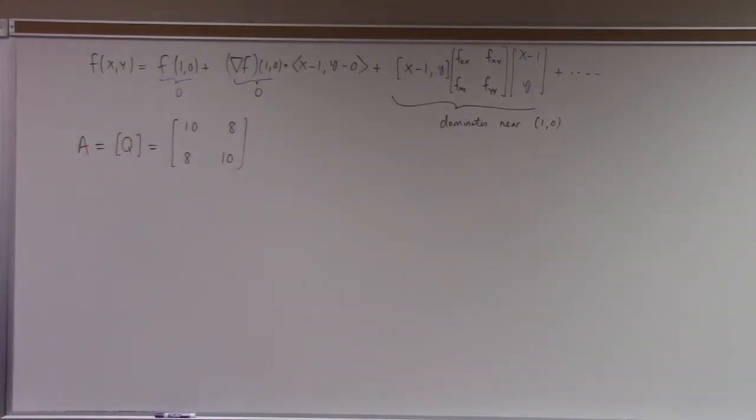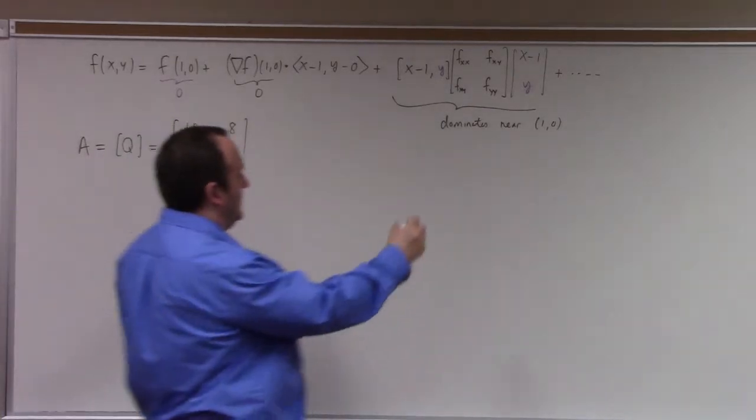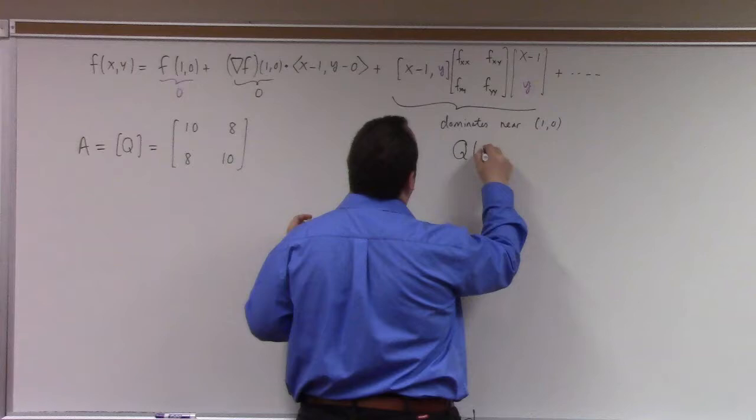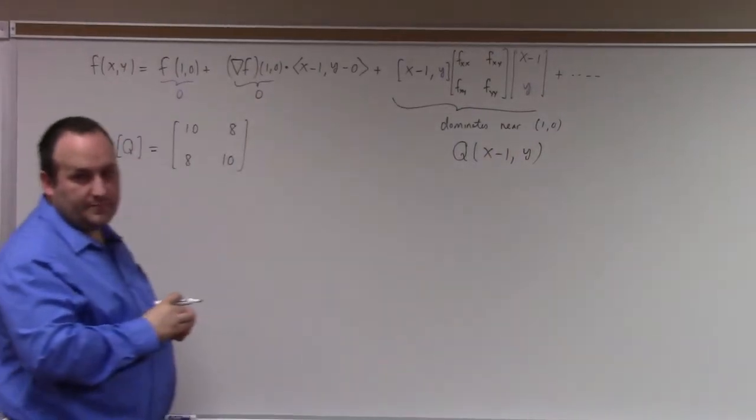What I'm more interested in for you guys is to understand, okay, so that's a quadratic form, right? It's a quadratic form with inputs x minus 1 and y.